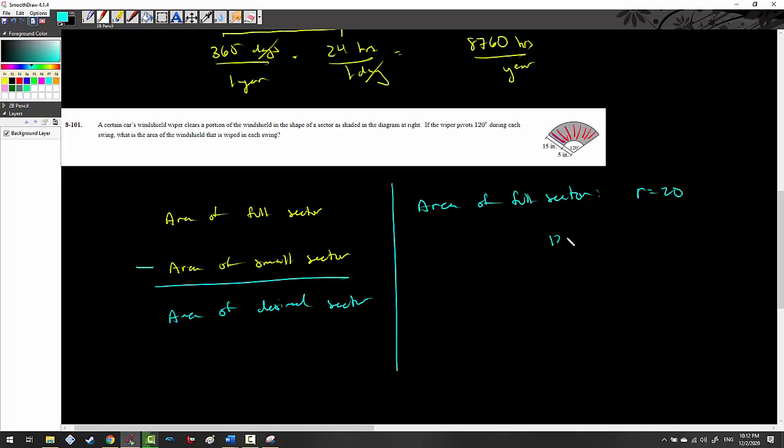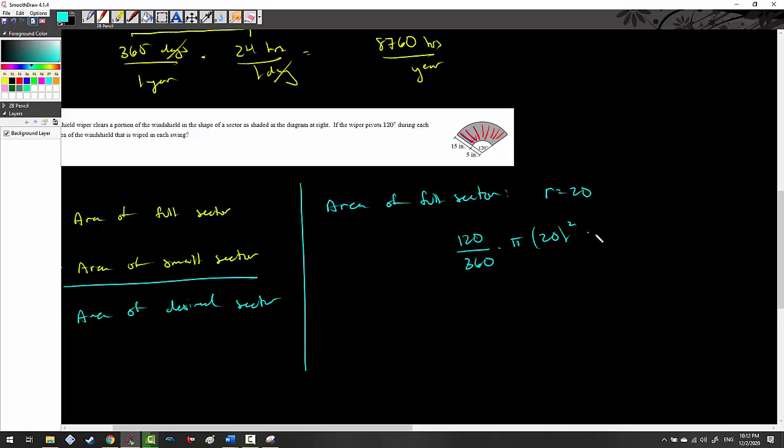In this case, 120 over 360 times pi r squared. Well, that's going to be 1/3, because 120 over 360 reduces into 1/3, times 400 pi. 20 squared is 400 times pi. That means that the area of my full sector is 400 pi over 3.